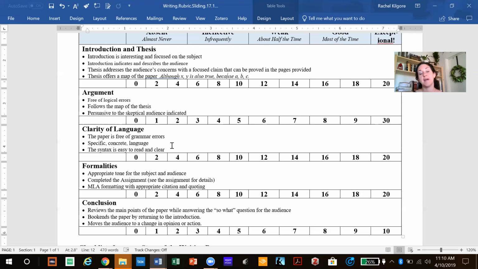This really bad clarity of language is going to take down the grade on the rest of your categories as well, just because I may not know if it has a good argument or not, because I don't understand what you're saying, right? So you want to be sure that you are at least free of grammar errors. Simply being free of grammar errors will take you up to a 16, maybe 17. Won't take you very high.